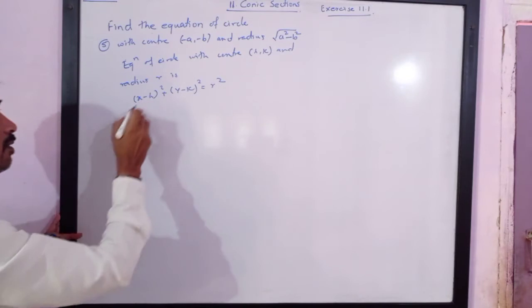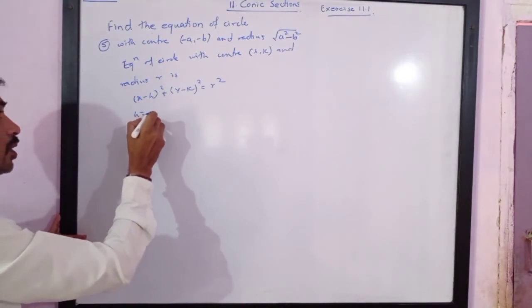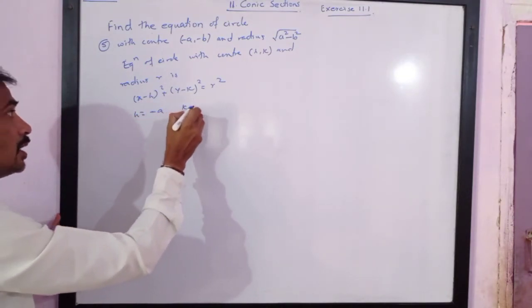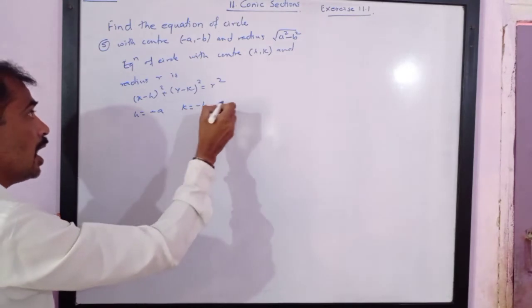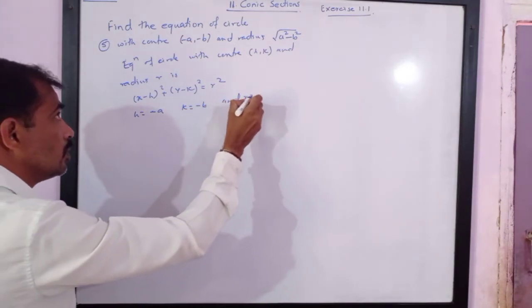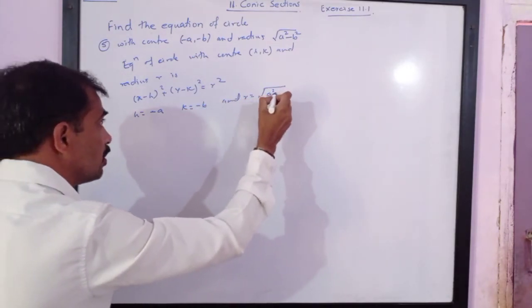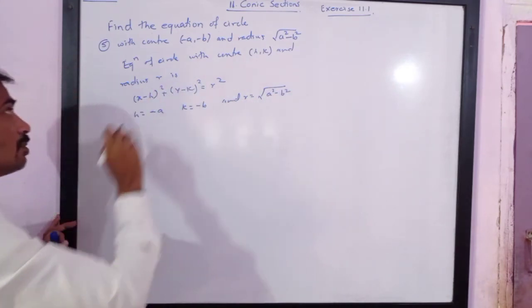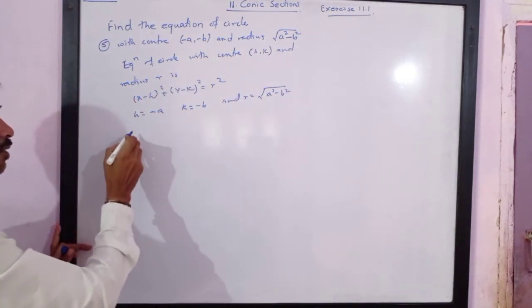Now if you compare the given values, we have h is equal to minus a, k is equal to minus b, and r is equal to root of a square minus b square. So by substituting the values, we will get the equation of circle.